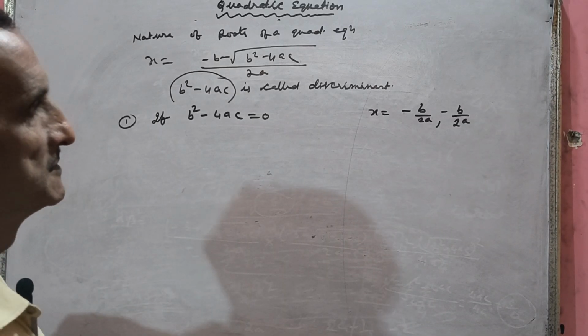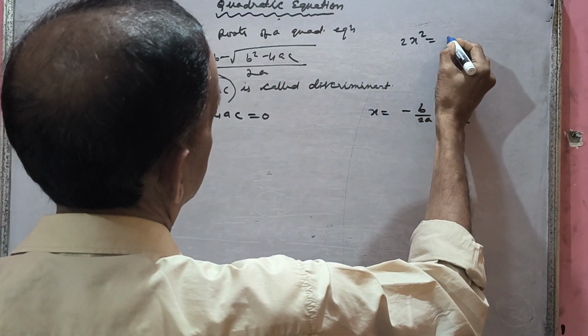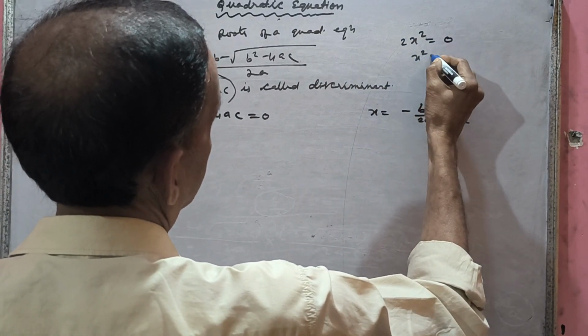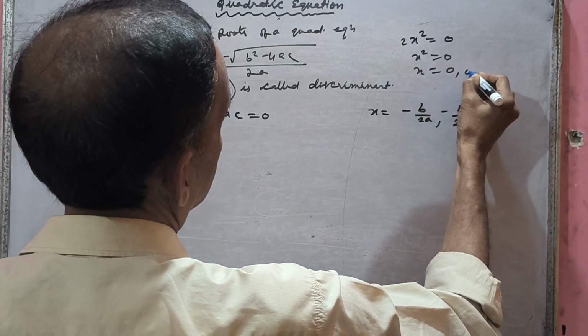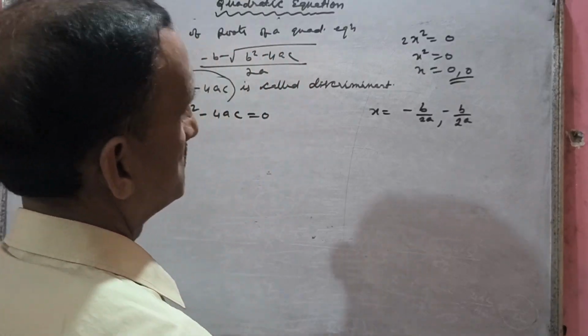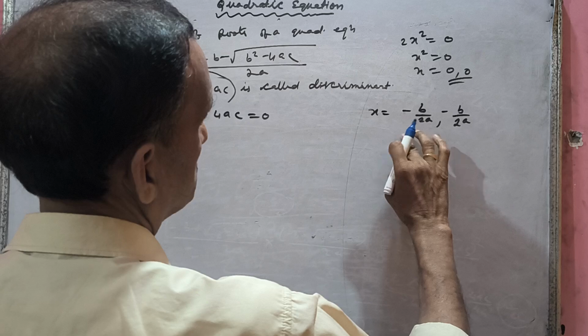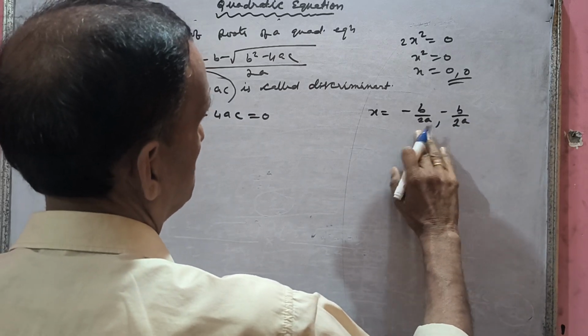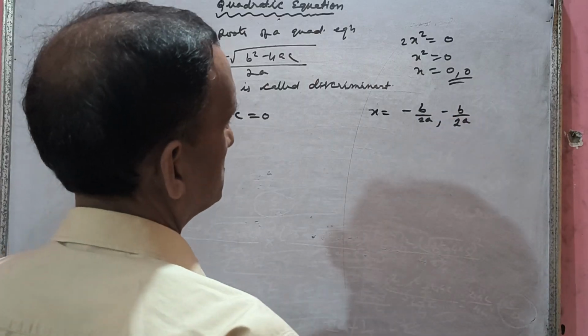Because a quadratic equation has exactly 2 roots. Even I told you, if twice x square equal to 0 is a quadratic equation, then we get x square equal to 0, then x equal to 0, you can't just write that. Roots are, we will write 0, 0, because always 2. So what do you observe? These 2 roots are the same, equal, and free from any radical sign.